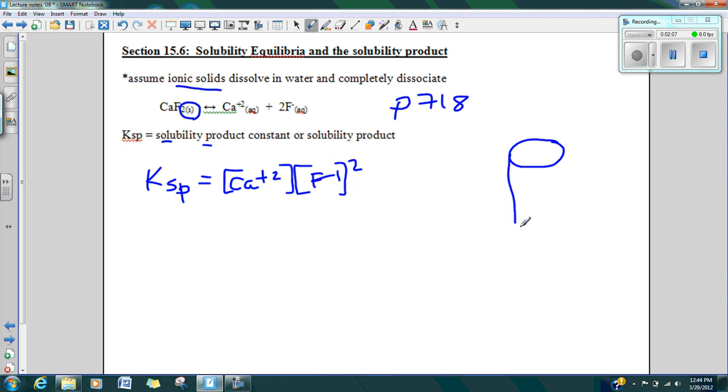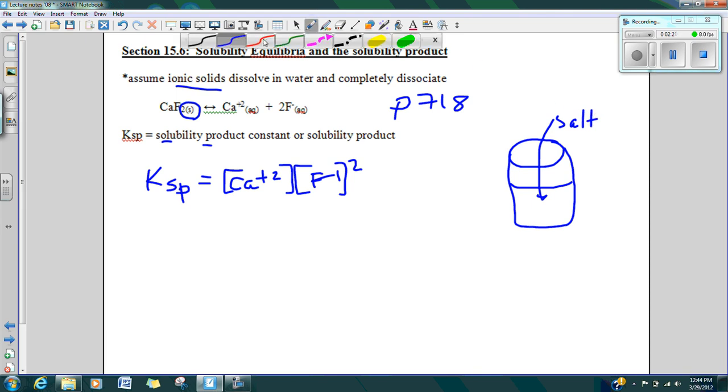So here I'm going to draw a crude little beaker, lovely, and we're going to put some water in here, and you guys should know that if I add my salt, my ionic substance, into here, it is going to dissociate. Well, what is really happening inside of here? You need to think about this, that I have some calcium fluoride in here that's starting to dissociate.